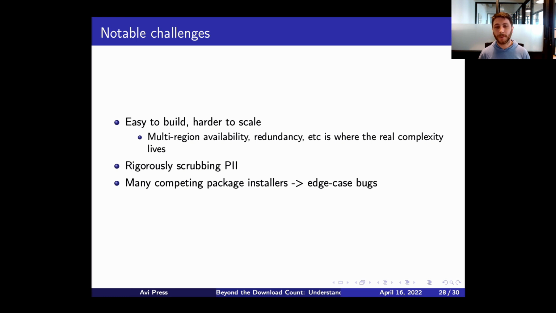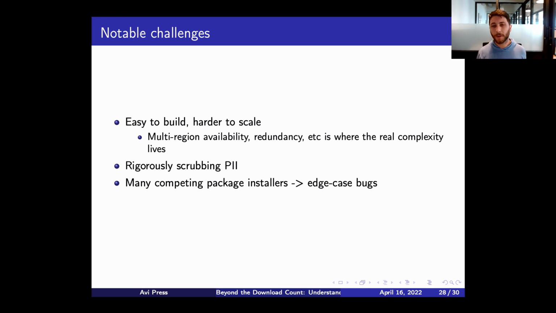And then there's also the issue of just having a lot of competing package installers. You've got pip, you've got Poetry, you've got Nix, you've got all these different package managers. With different package managers doing slightly different things, you have a lot of edge case issues when it comes to things like how packages are pulled and how they handle multiple indexes, which can cause either incorrect counting of package downloads or you just never see the traffic in the first place because they're not going to the registry that you are trying to get the package manager to pull from.